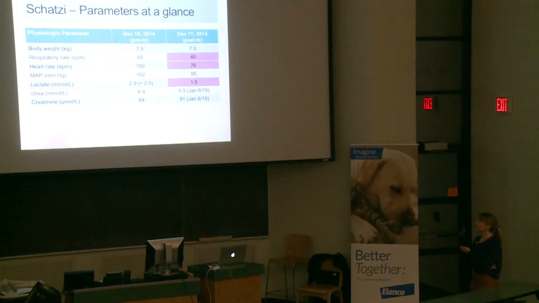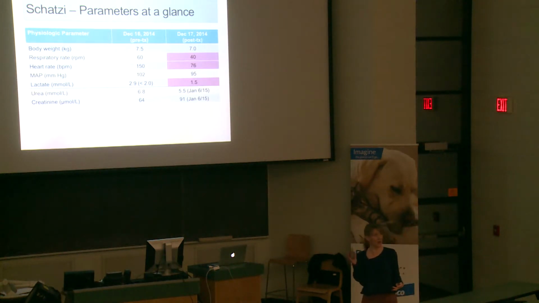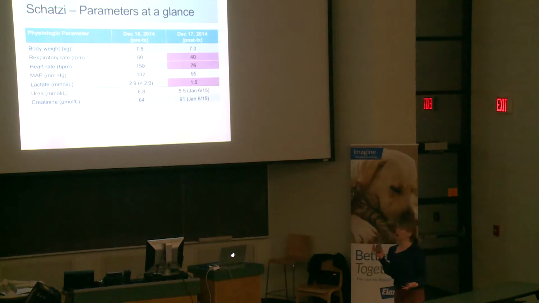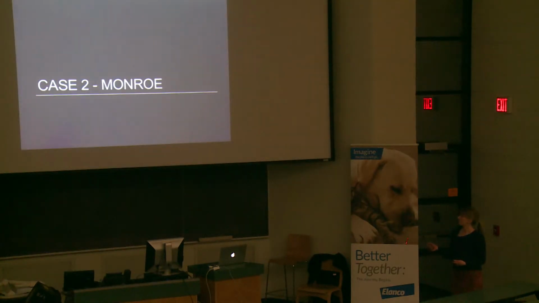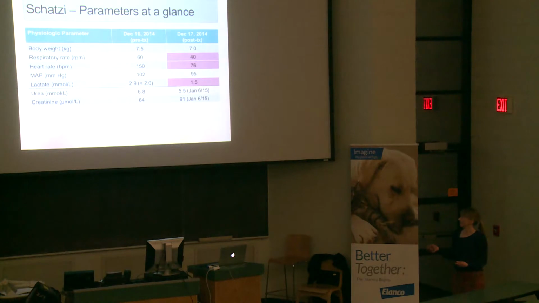Her heart rate actually settled down quite a bit. Her lactate even, isn't that interesting? Just by giving diuretics and maybe 1 dose of pimobendan she'd received by that point, her lactate came down into the normal range. We didn't have a urea and creatinine the very following day, but we did have one not too long after in January, and her renal parameters were holding on just fine.